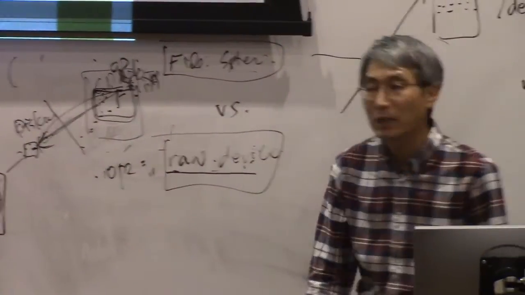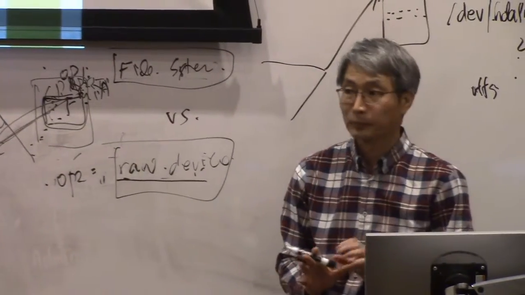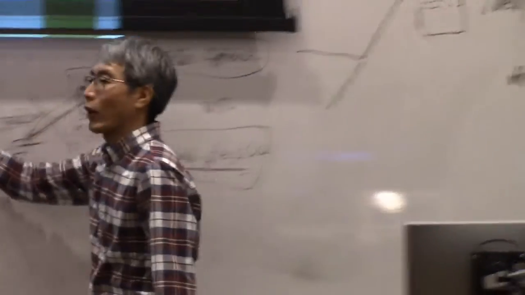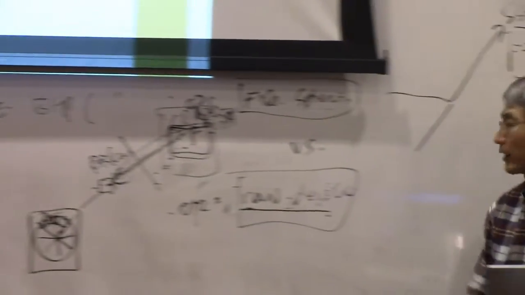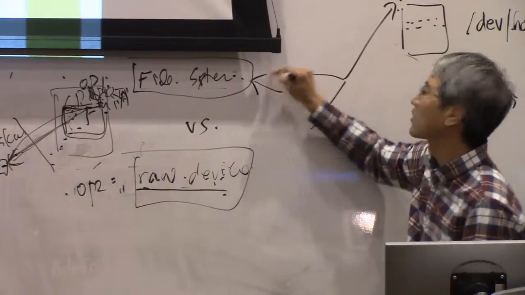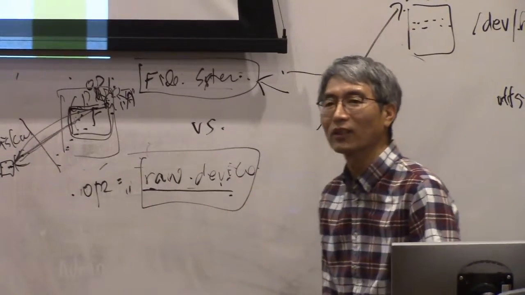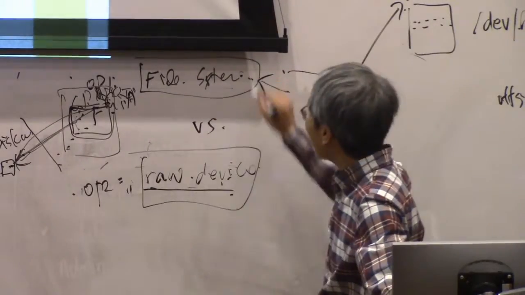In most commercial DBMS, you can select the option how to create your data structure, database, using either file system or raw device. So we are going to focus on the file system. Raw device is faster, but it's not intuitive to understand. The file system is more straightforward.